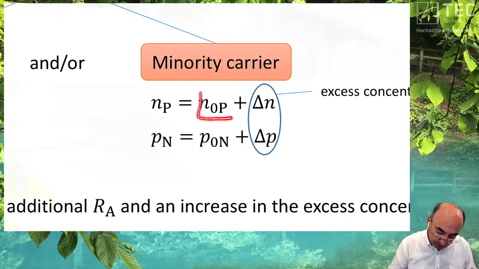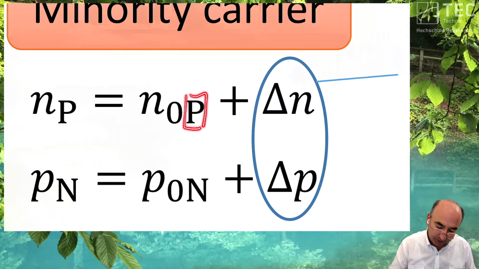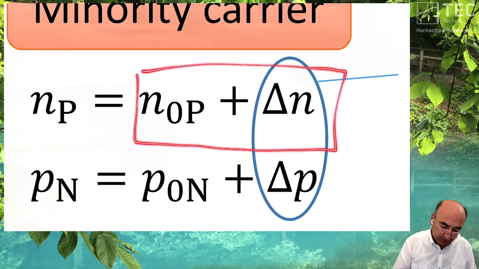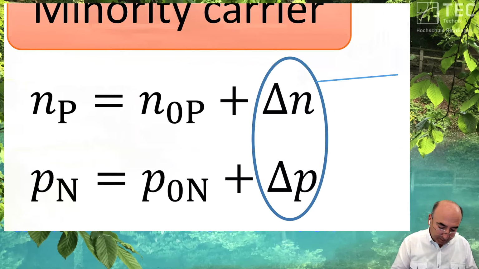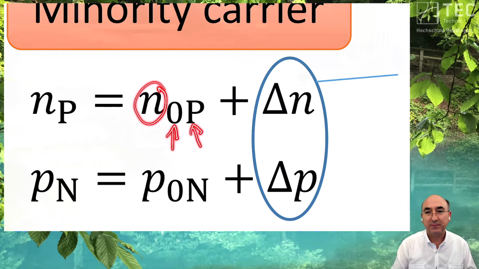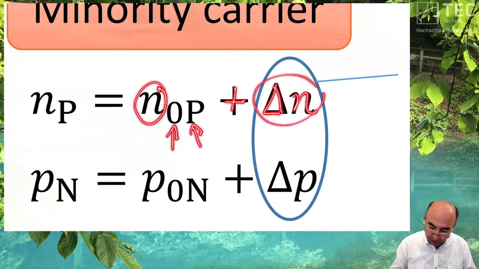That means if you have the equilibrium value, you see in the p-type semiconductor the minorities are the electrons. So this part of the equation is the minority carrier concentration of electrons in thermodynamic equilibrium in the p zone, in addition to the excess concentration. Somebody has put them into this region somehow.